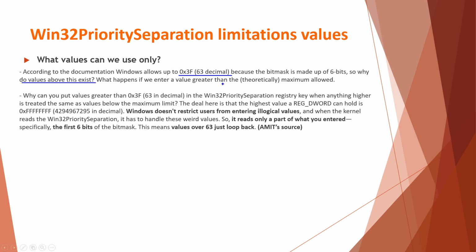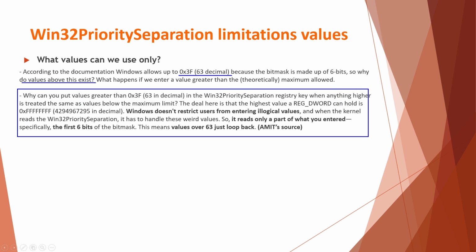What happens if we enter a value greater than the theoretical maximum allowed? According to the answer of Amit, why can't you put values greater than 63 in decimal? In the Windows 32 priority separation registry key, anything higher is treated the same as a value below the maximum limit. The deal here is that the highest value a REG_DWORD can hold is this.